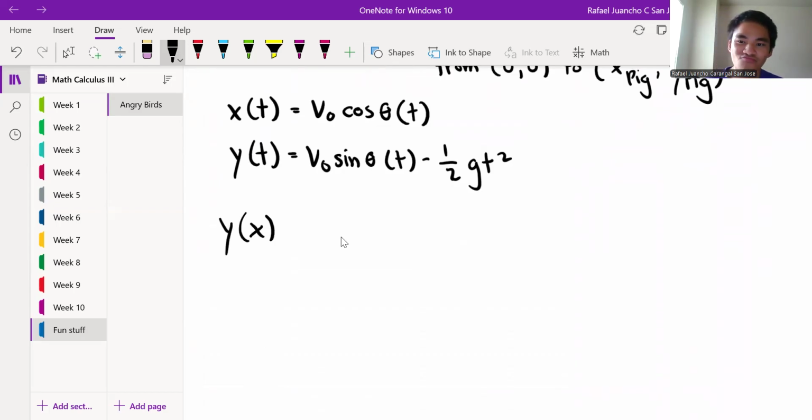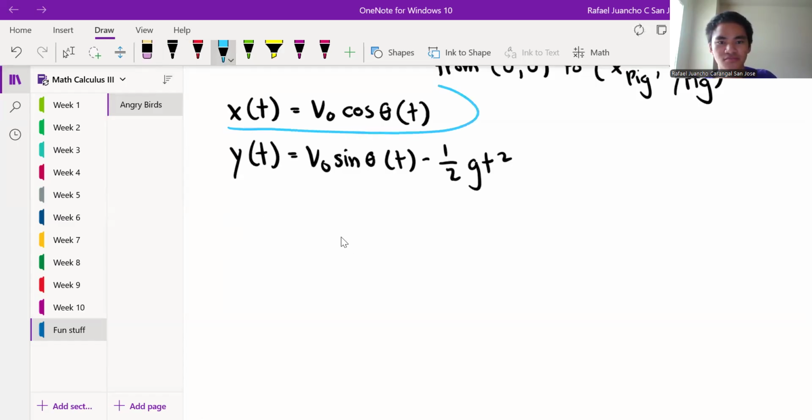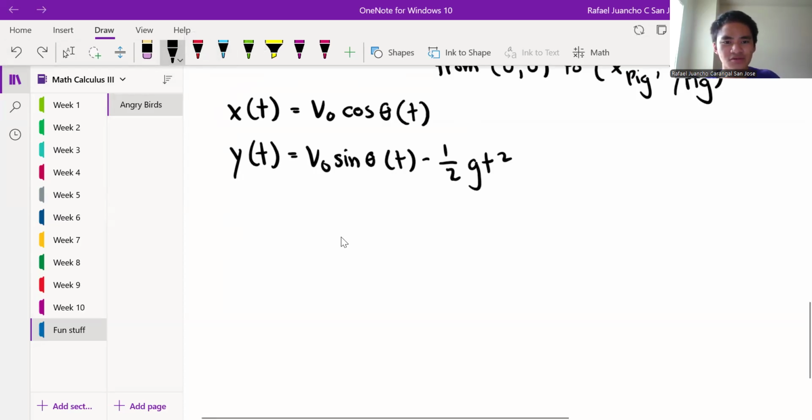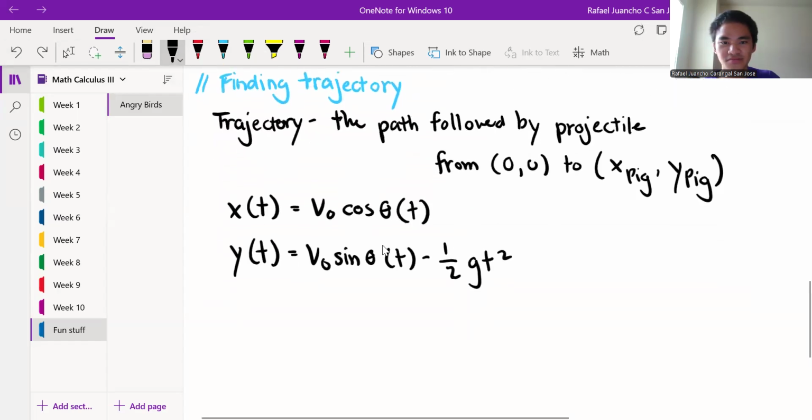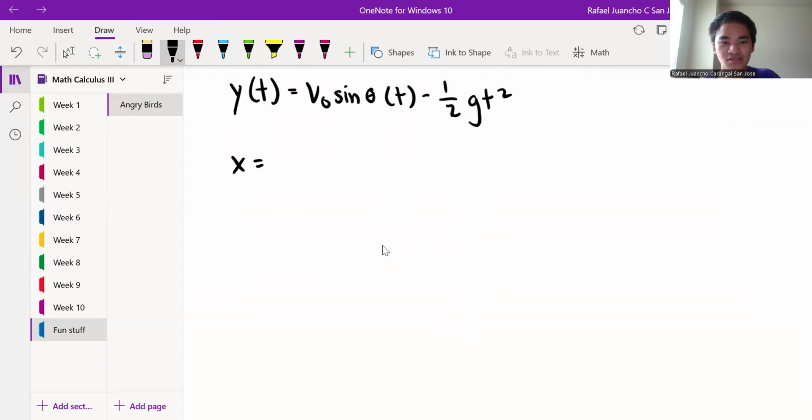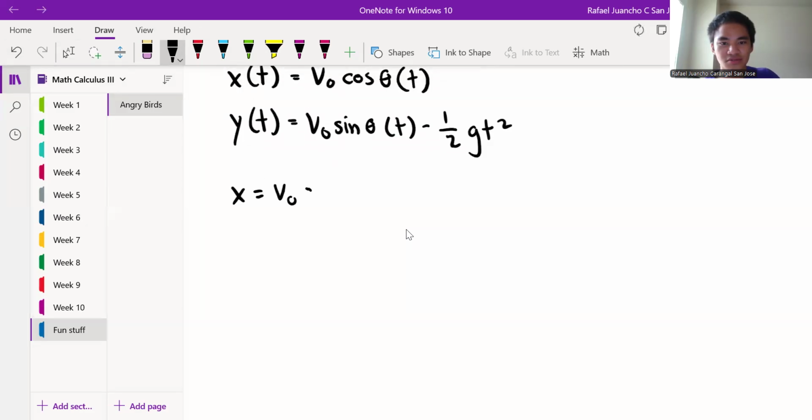How do we do that? Well, from our first equation here, we can isolate the t to get it in terms of x. So we can manipulate this equation. This is our given: x is v naught cosine theta times t.